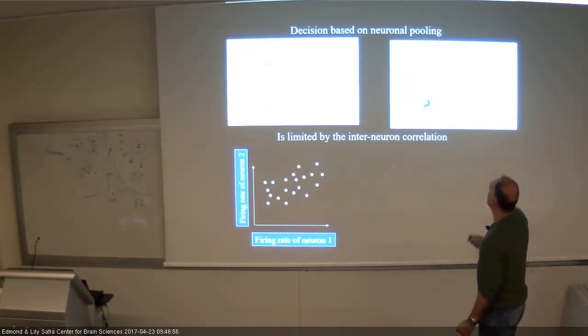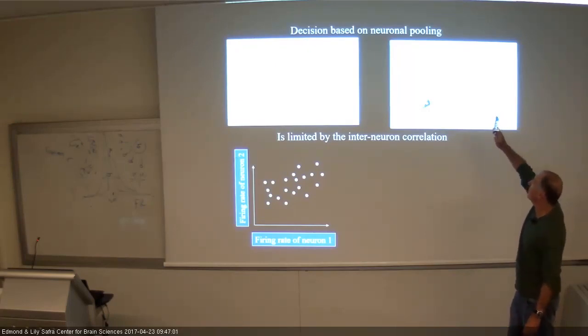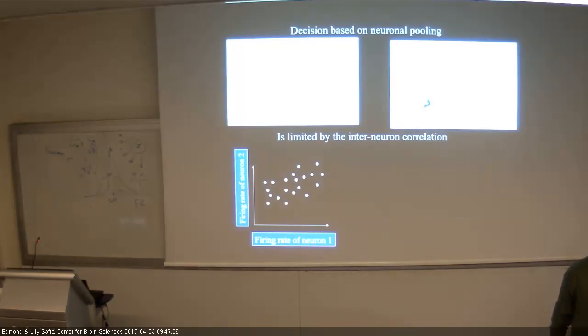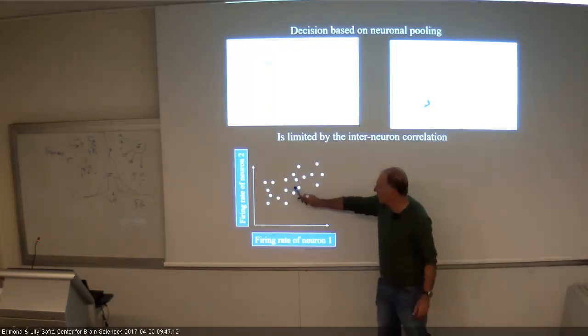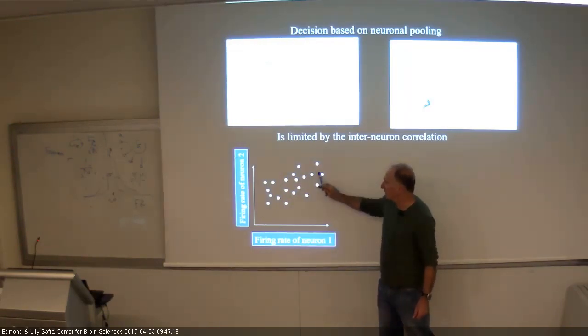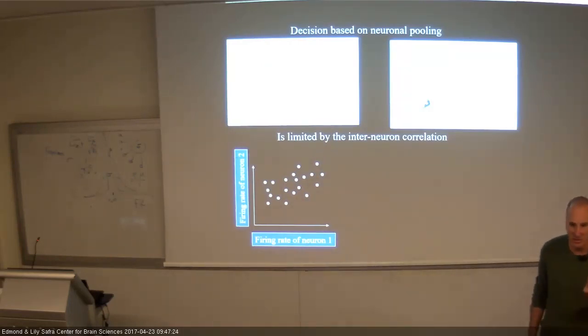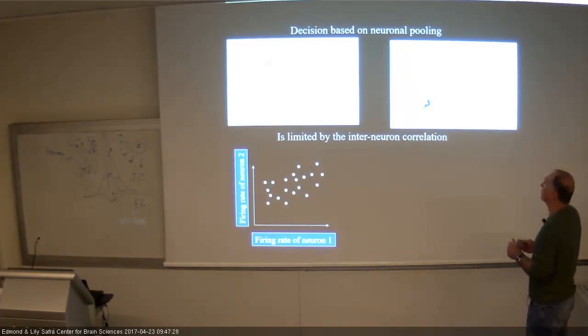Now, one can show, and that is somewhat surprising, that even if the correlation coefficient between the 2 neurons is very small, of the order of 0.1, meaning that when one neuron fires above its mean, the chances are that neuron 2 also fires above its mean, it basically measures the covariance, the degree of covariation of firing between the 2 neurons.